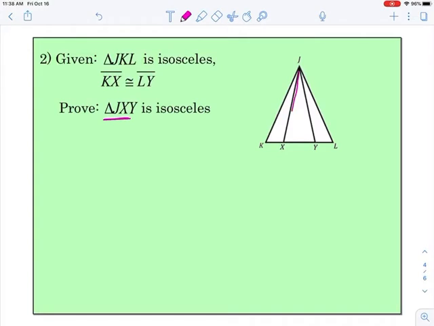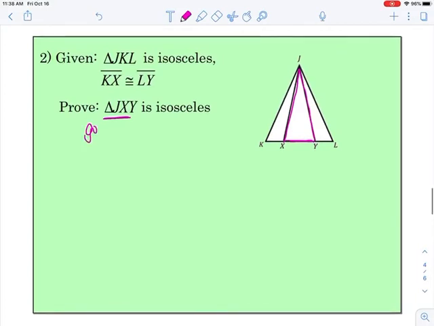So I want to prove that JXY is isosceles. Remember the definition of an isosceles triangle: it has two congruent sides. So my goal is to prove that XJ is congruent to YJ. Two sides of that triangle will be congruent.